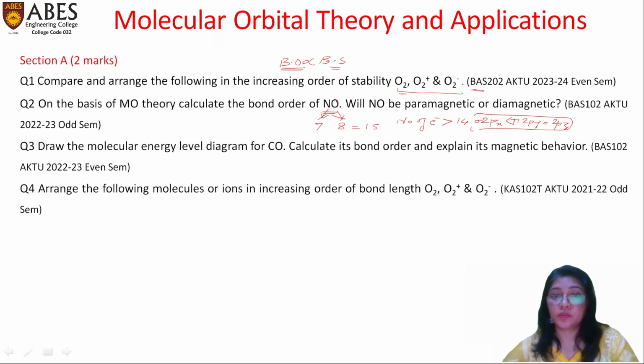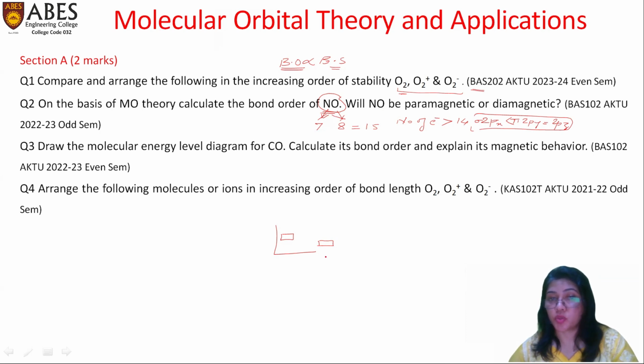Also we have to understand that since it is a heterodiatomic molecule, when we are making the diagram of heterodiatomic molecules, we have to make sure that the atomic orbital of the more electronegative atom has its energy level made lower.